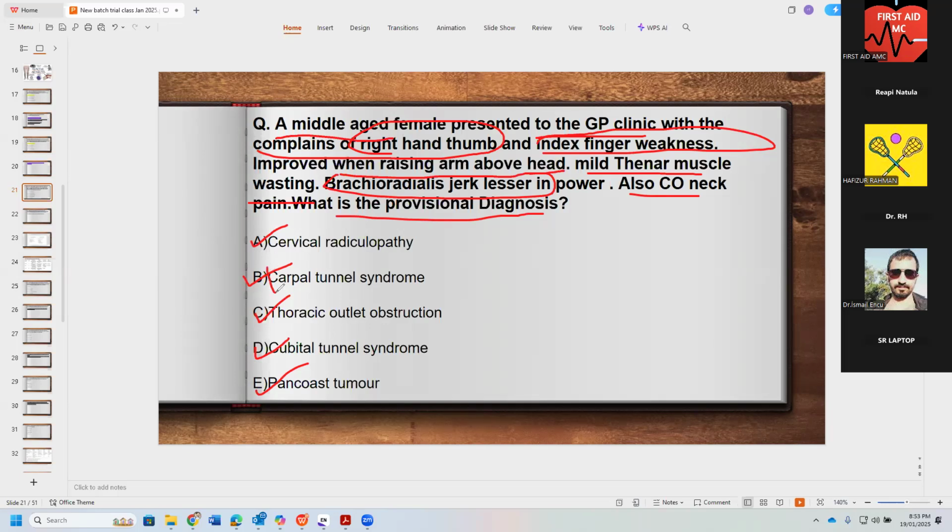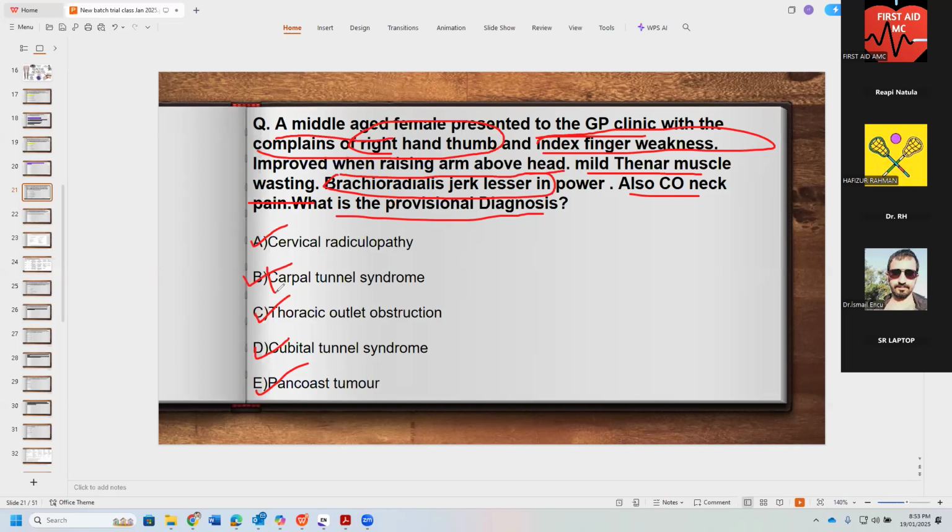Thoracic outlet obstruction will have completely different features. So thoracic outlet syndrome is a group of disorders. It's not just a single disease. It's a group of disorders when a bunch of nerves and blood vessels are compressed in our thoracic outlet.